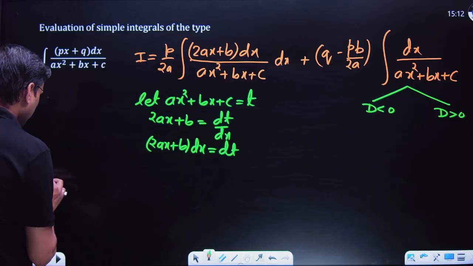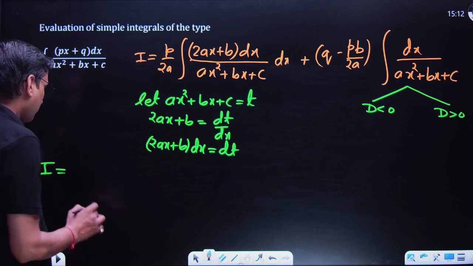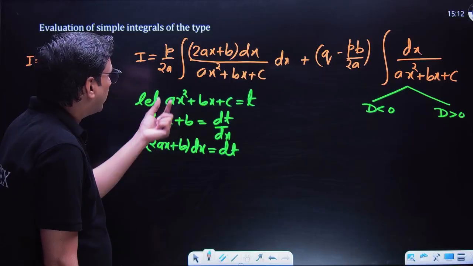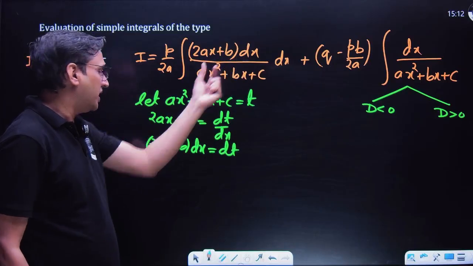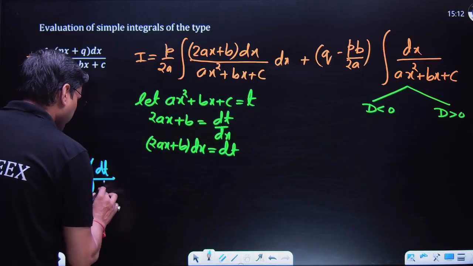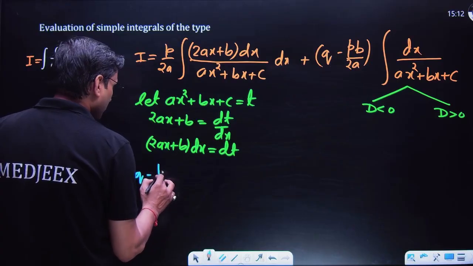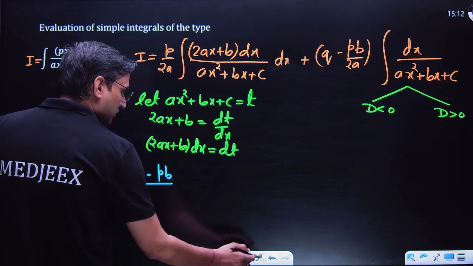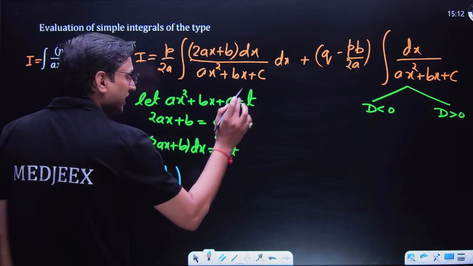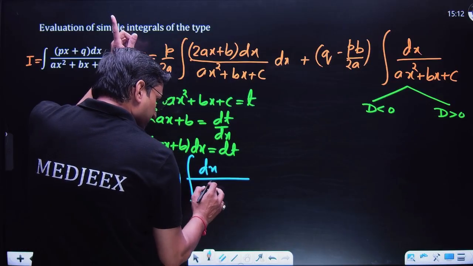Now the integration becomes p upon 2a, 2ax plus b dx becomes dt, upon t. Now plus q minus pb divided by 2a into the bracket, and we have to do the integration of this particular one by what we have studied in the last lecture.